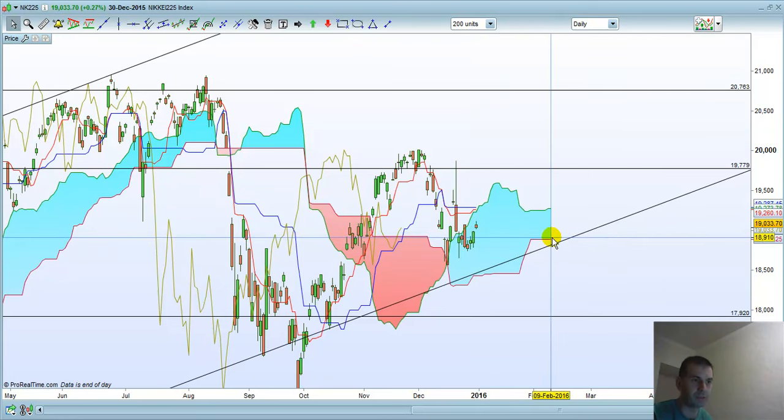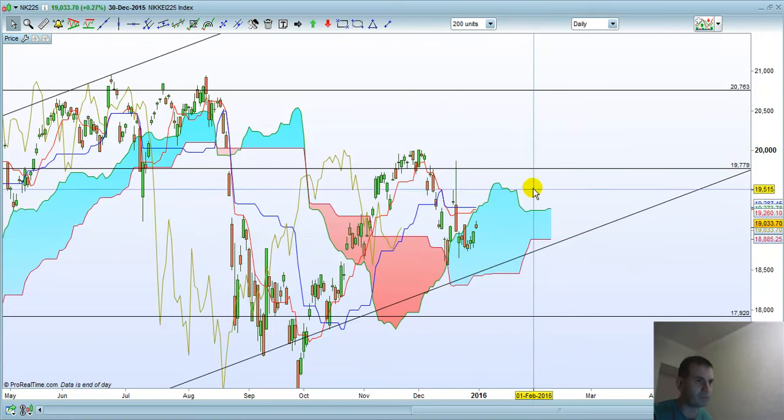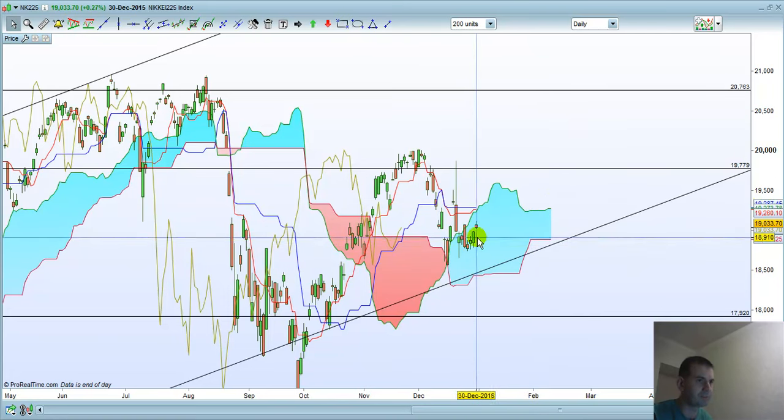But the cloud has a bullish character. Here we can see the situation where there is the possibility of sideways movement.